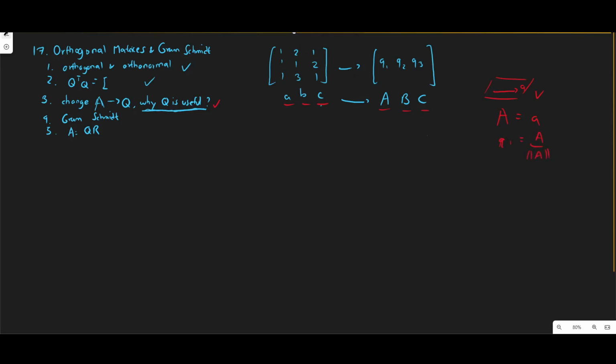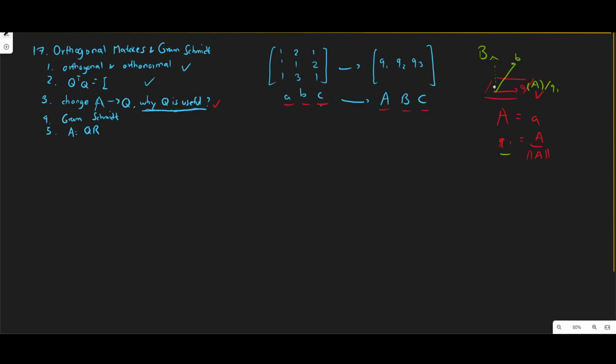Okay, and then we have Q1, and let's say you have this small b, which is independent, but not really orthogonal to a. So we are really interested in this part of b. Let's call this a capital B. This is the part that is orthogonal to the small a, which in this case is also the same as A, or Q1.